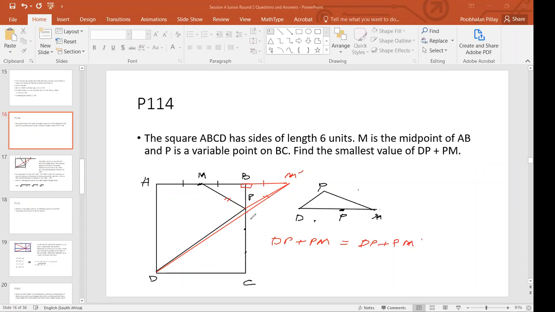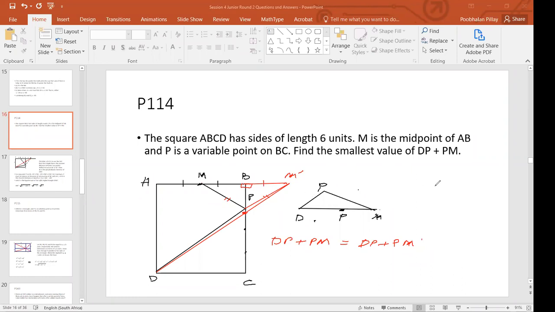The point that we are looking for is here. That point gives you the point where dP plus PM prime is smaller than any other point, because this is a straight line, you see. dP plus PM prime is bigger than this. So this is the smallest possible value you can get for dP plus PM prime.